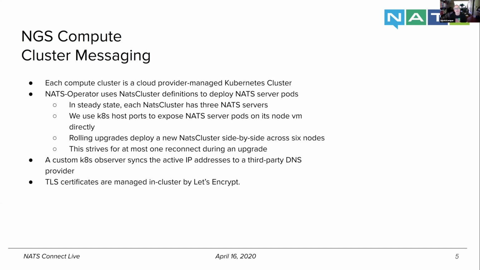One of the little tweaks that we do for NGS that many people don't take advantage of for their own clusters, we use host ports to expose the NATS server pods. Our intent is, as much as possible, to keep Kubernetes out of the data path.